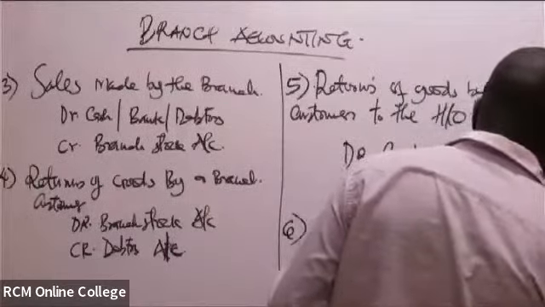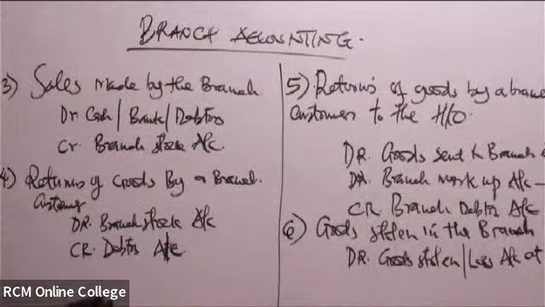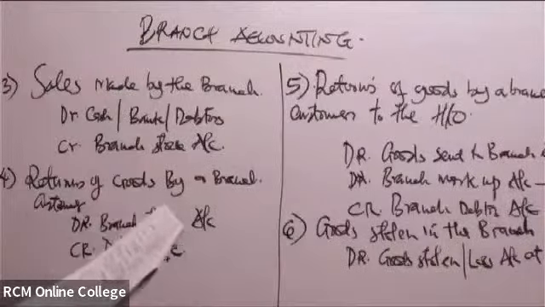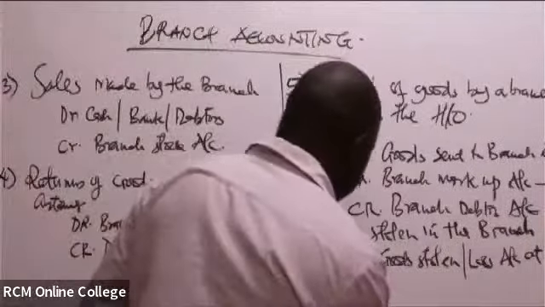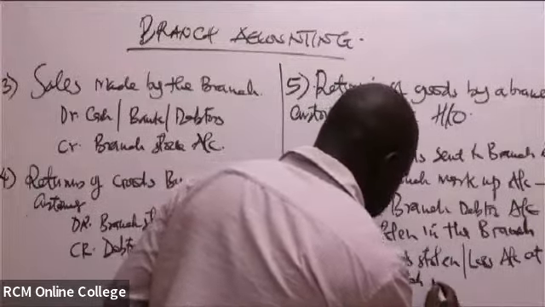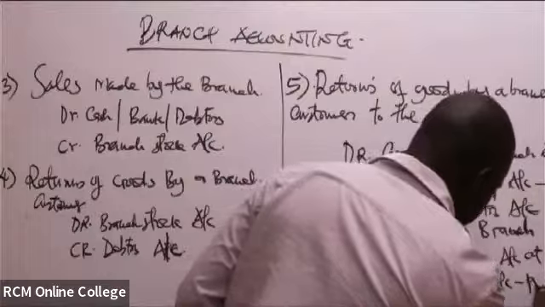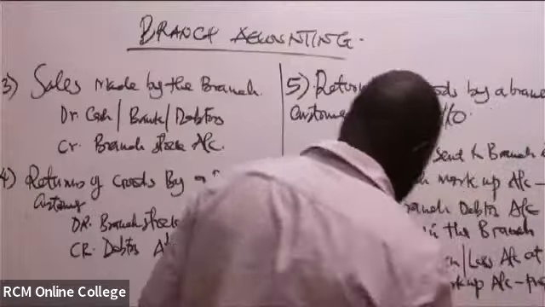The cost you incurred to buy the goods, you end up incurring it as an expense. Then you debit the branch markup account. This will be the profit you would have realized on it.